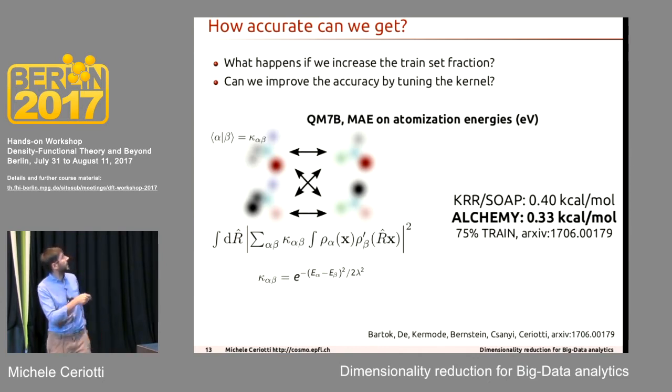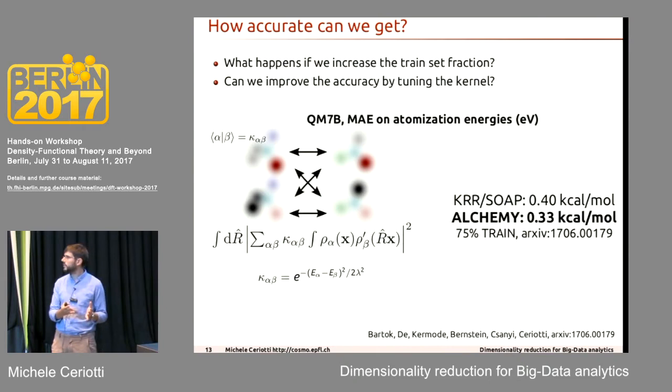You can take any form you like, and here, for instance, we tried something very naive, which is just taking this sort of alchemical overlap object to be a Gaussian function of the difference in electronegativity. And just doing this brings down the error by 20%, which at this level is not a little accomplishment.